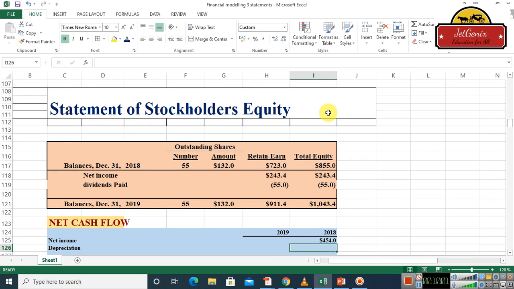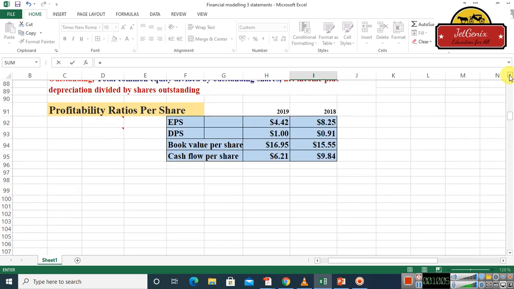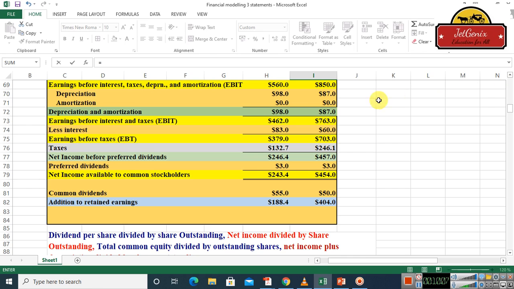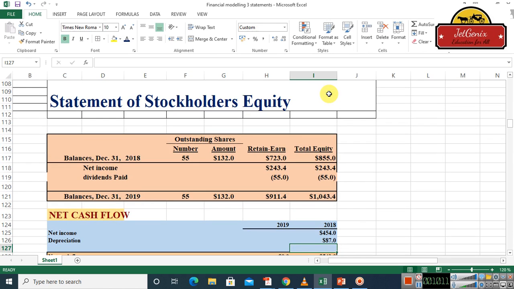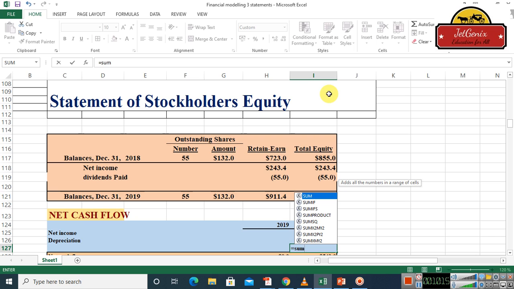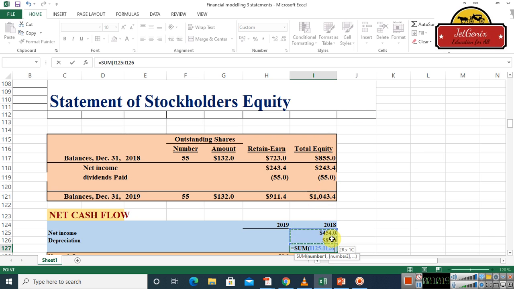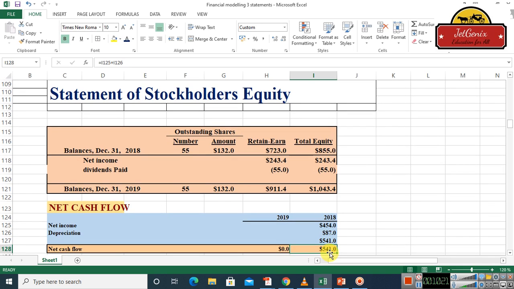And the depreciation, we have to add depreciation. Again in the income statement we can find the depreciation amount, which is here 87. Just press enter. Now sum both of the values, and we will have the cash flow of 2018.